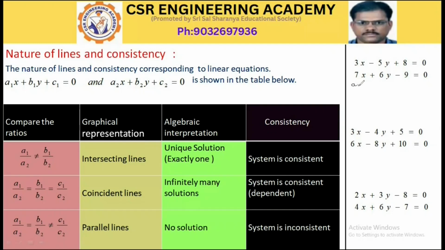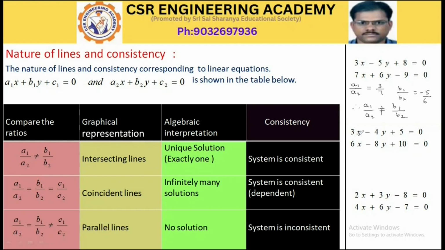Here a1 by a2 is equal to 3 by 7, b1 by b2 is equal to minus 5 divided by 6. So a1 by a2 is not equal to b1 by b2. System is consistent with a unique solution, that is exactly one solution. These two lines intersect with each other.